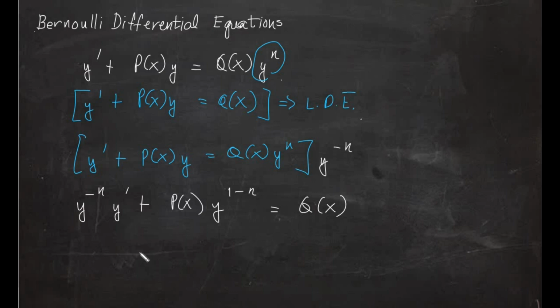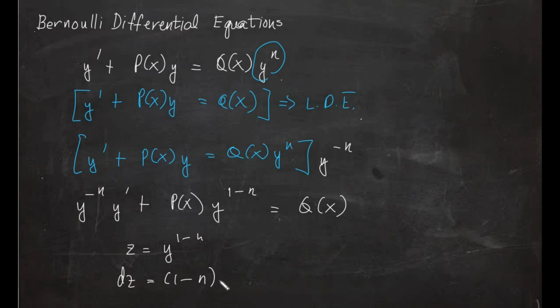Notice that if I introduce another variable, z, and let's say z is equal to y raised to 1 minus n, I will change the variable y to z. For that matter, I should get the differential of z.